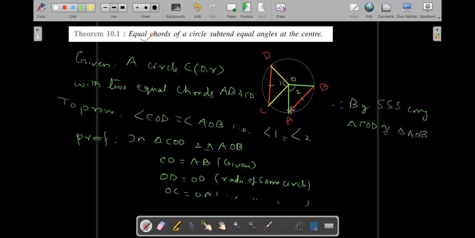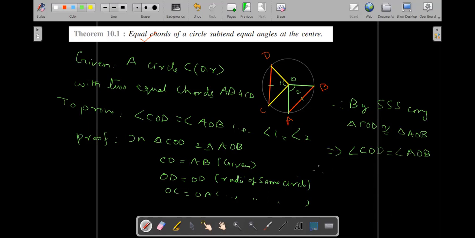When they are congruent, by CPCT, the angles are equal. This implies that angle COD is equal to angle AOB. That is what we had to prove.